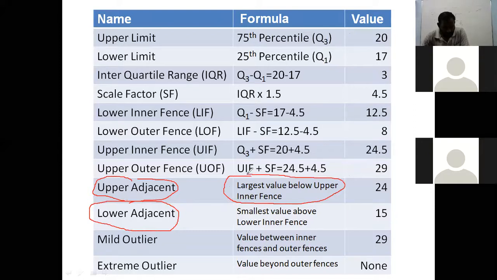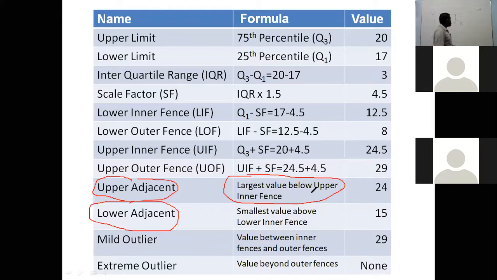Upper adjacent value means it will be on the upper side. Lower adjacent value means it will be on the lower side. Upper adjacent value is the largest value below the upper inner fence, right?